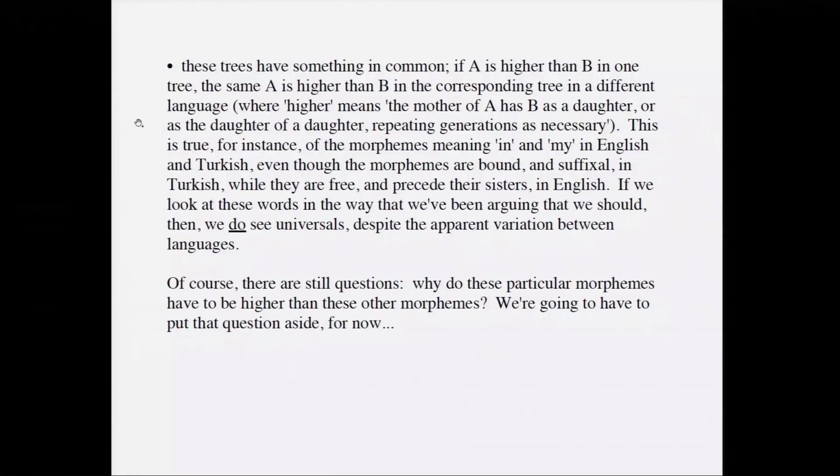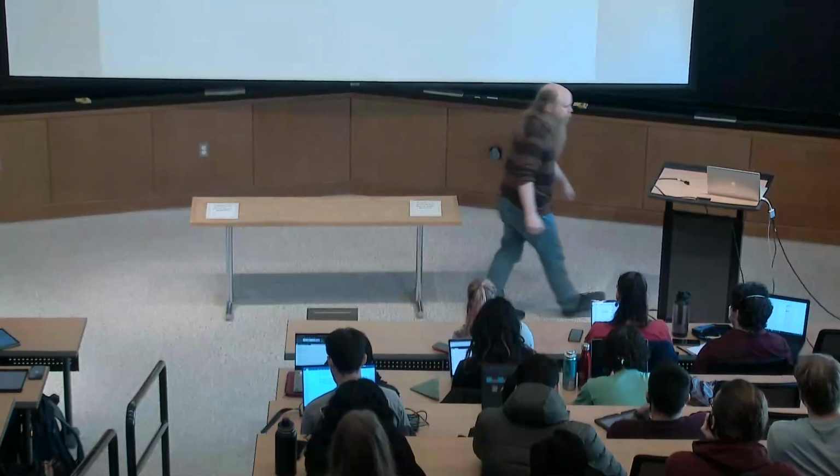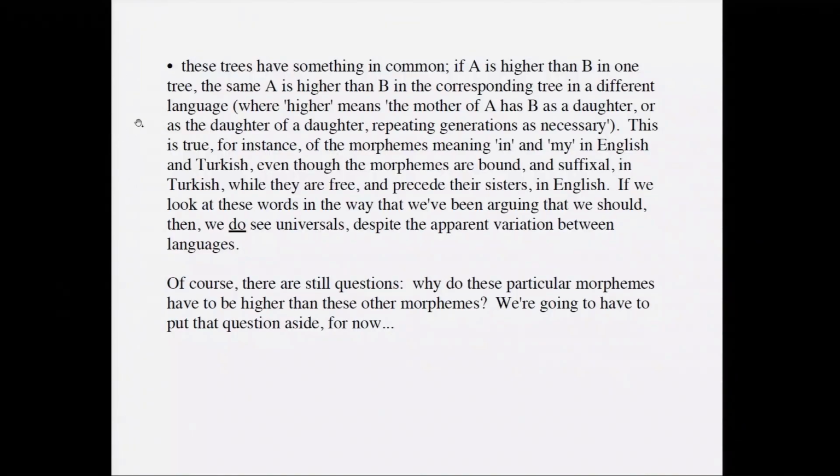That's what we mean. Lots of questions, like the question that both of you asked, what's going on with order of adjectives, or how come these things have to be merged in these orders in all of the trees that I'm showing? And I'm not offering to answer those questions for you today. These are some of the central questions of syntax. And we'll try to understand them eventually.